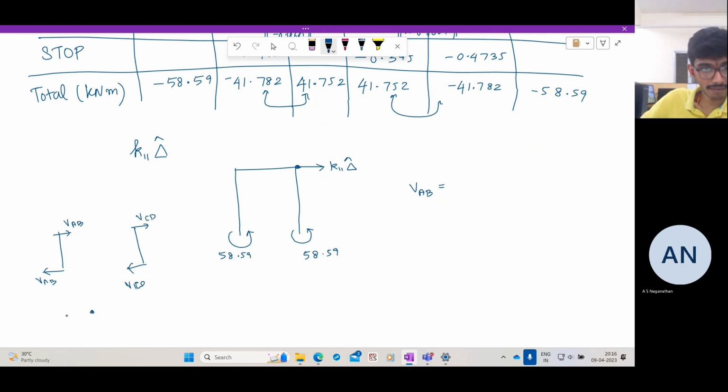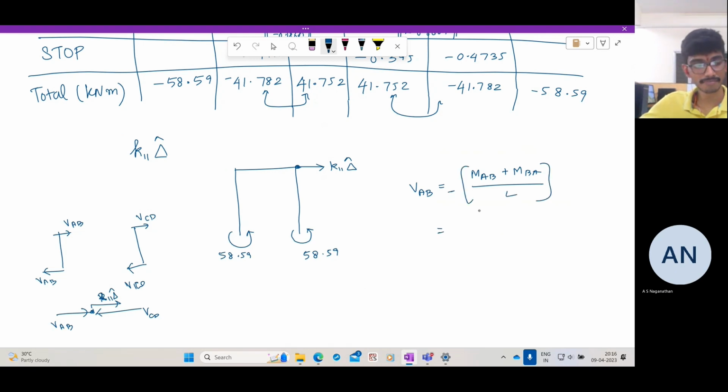And at the joint C, you have VAB, VCD, and the reaction, not reaction, this K11 delta. So let us determine VAB as MAB plus MBA by L, minus of that. So what is it? Minus 58.59 minus 41.78 divided by L, which is 20.